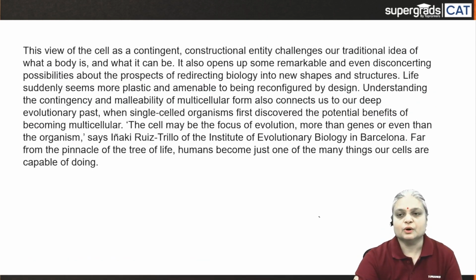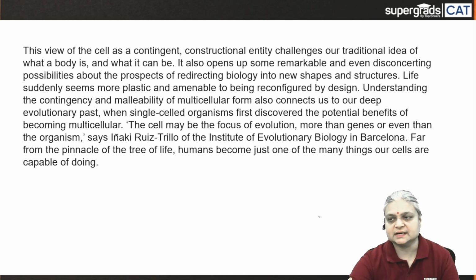This view of the cell as a contingent constructional entity challenges our traditional idea of what a body is and what it can be. It also opens up some remarkable and even disconcerting possibilities about the prospects of redirecting biology into new shapes and structures. Life suddenly seems more plastic, amenable to being reconfigured by design.